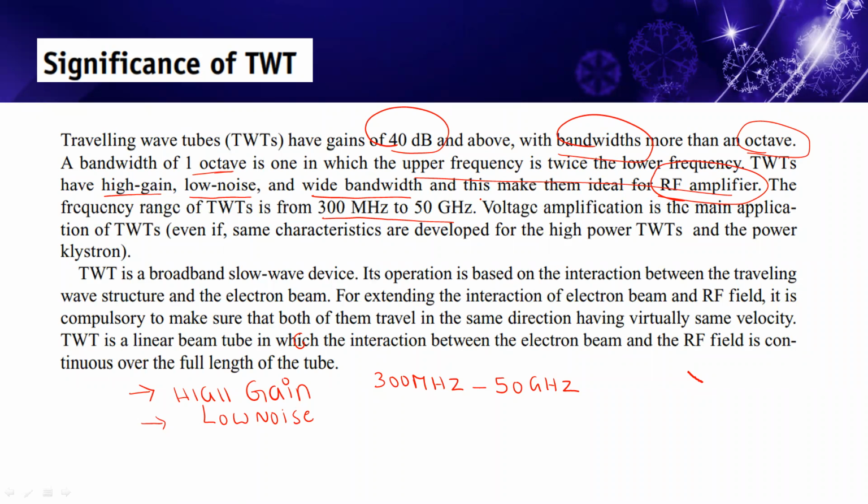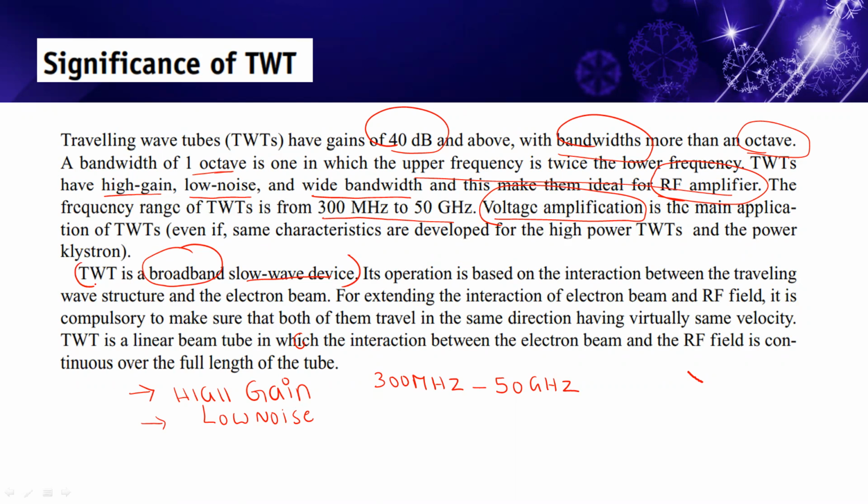Another significant parameter for the traveling wave tube is voltage amplification. Another significance is that it is a broadband slow wave structure.